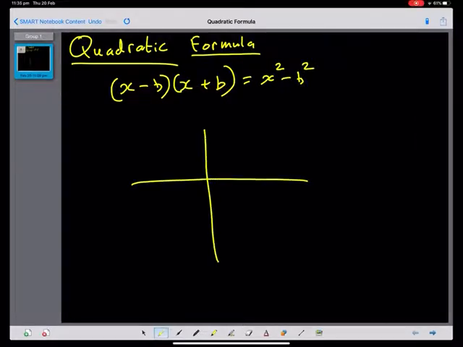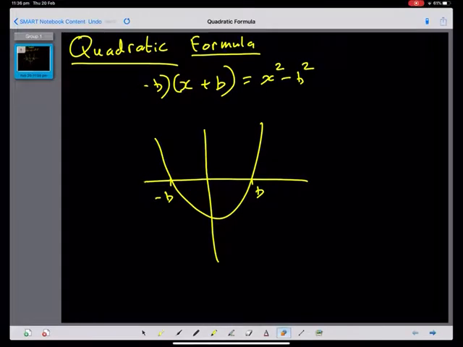It's going to give us 2 roots, b and negative b. So this is what we're doing when we're finding roots to equations. We're finding the intercept on the x-axis.